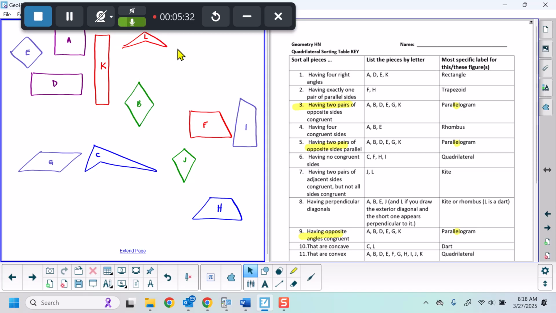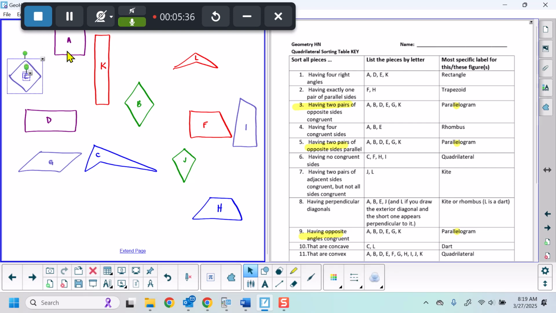And I don't want you frantically copying down the letters, because at the end of the day, the letters don't matter. What I want you to make sure you have correct is, after you read all of these descriptions on the far left, having this name on the right.